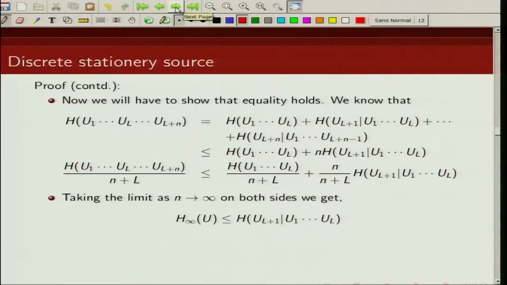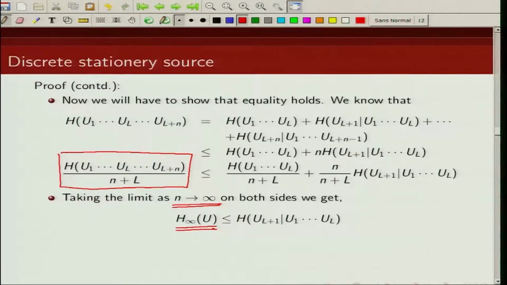Now we play a small trick. Instead of letting L go to infinity, we let n go to infinity. Okay. So we let n go to infinity. So if we let n go to infinity, what do we get? What is this term? If n goes to infinity, this is nothing but the entropy rate.